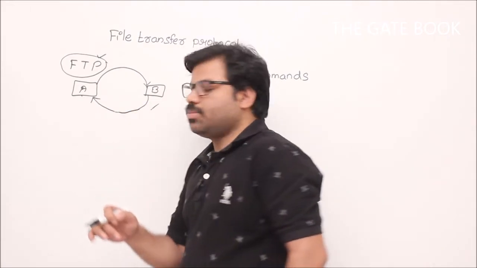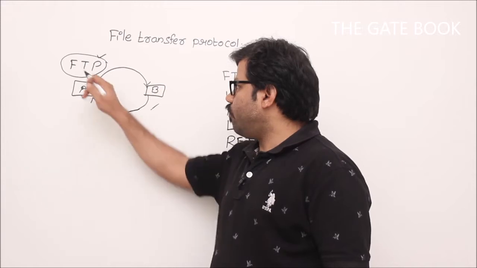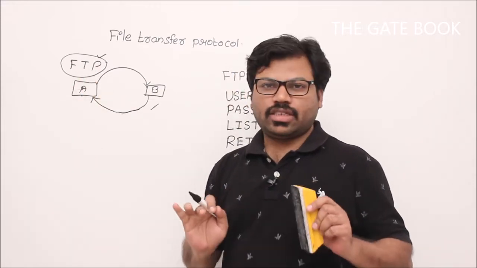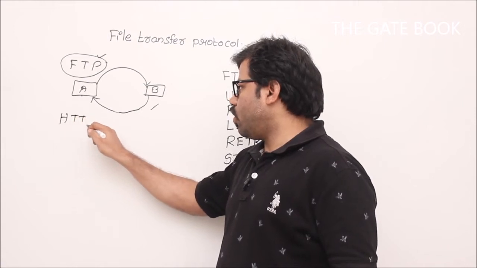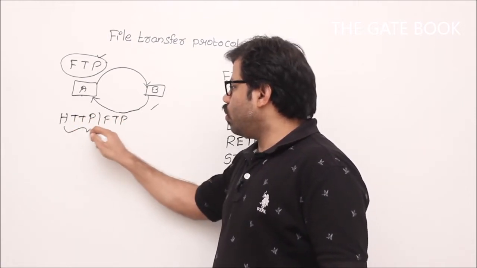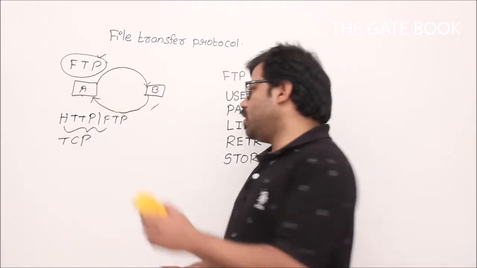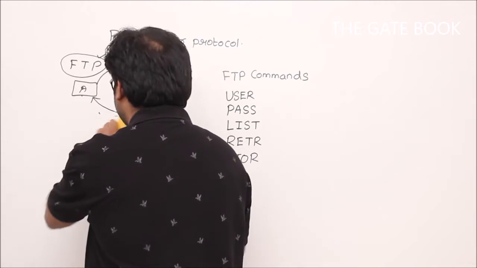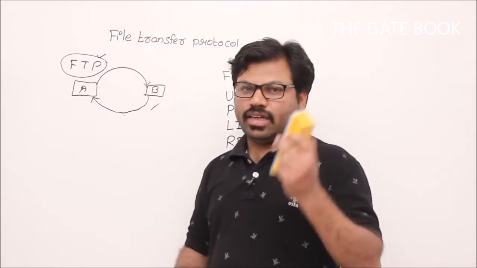The major difference between FTP and HTTP is that FTP is going to maintain two connections. As for the similarity, both HTTP and FTP use TCP as the underlying transport layer protocol. That means both are connection oriented protocols, okay. FTP also requires a connection, but two connections.